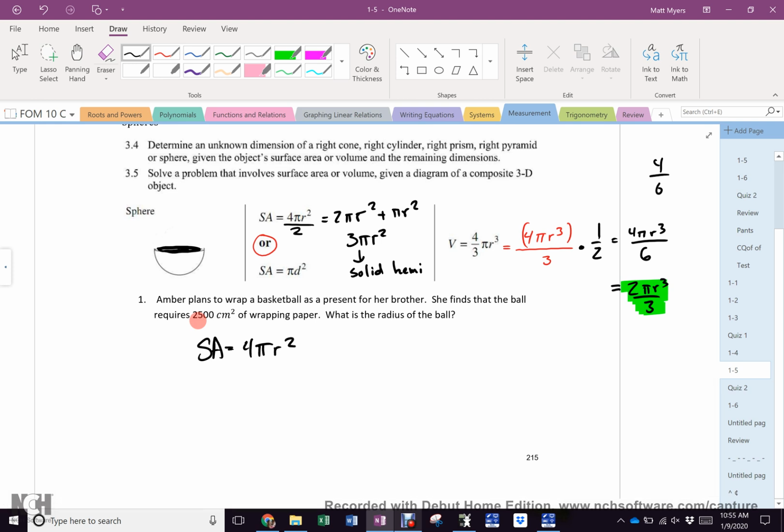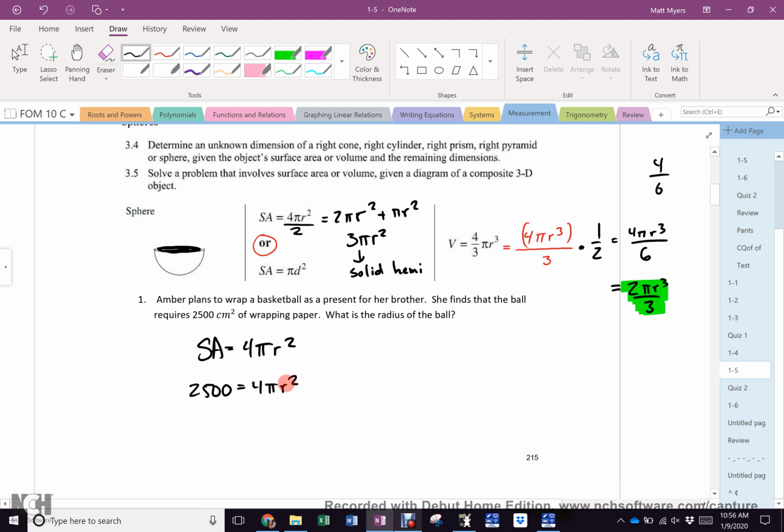Well, there's only 2 variables here, isn't there? R and surface area. Which one do I have? I have surface area, don't I? Because the wrapping paper, she needs 2,500 centimeters, right? So where does 2,500 go? Surface area or radius? 2,500 equals 4 pi r squared.